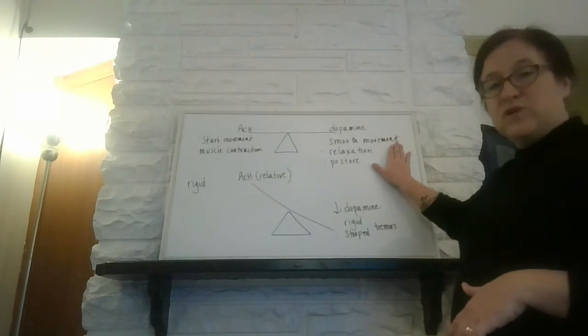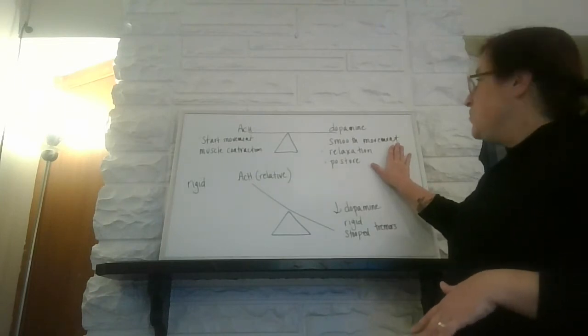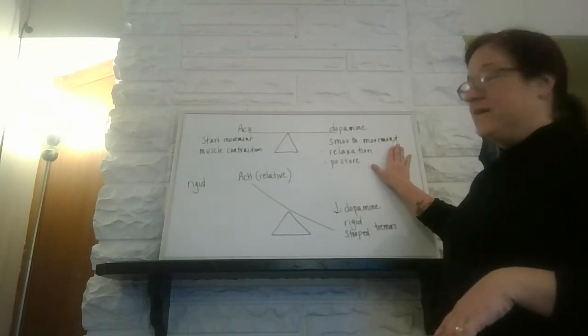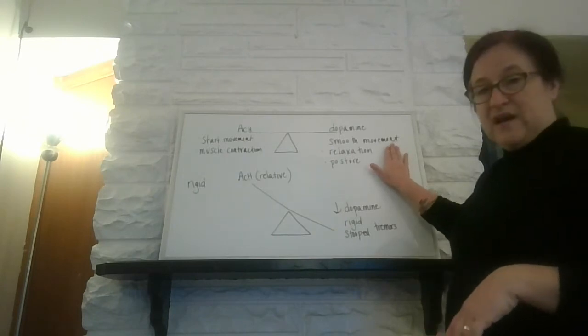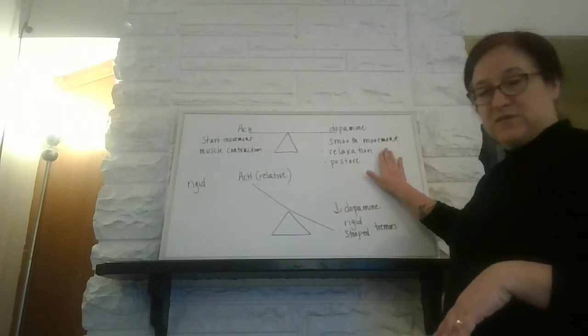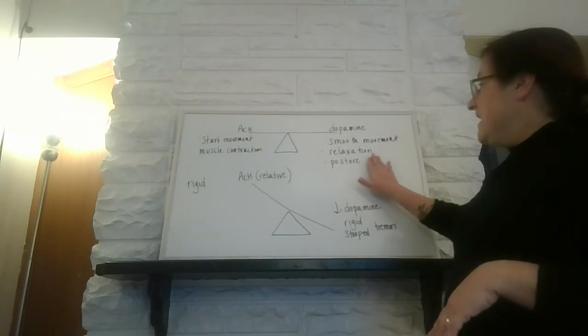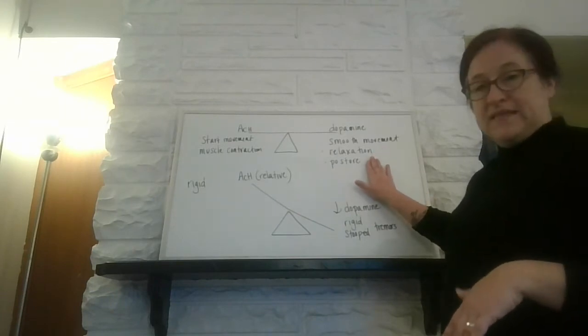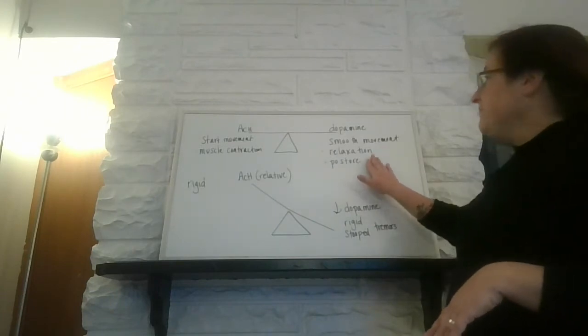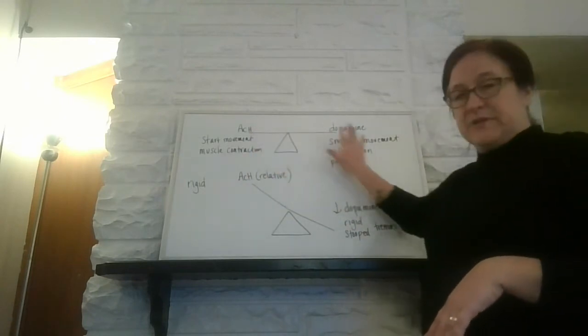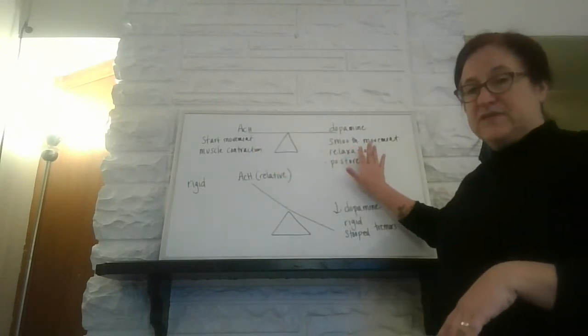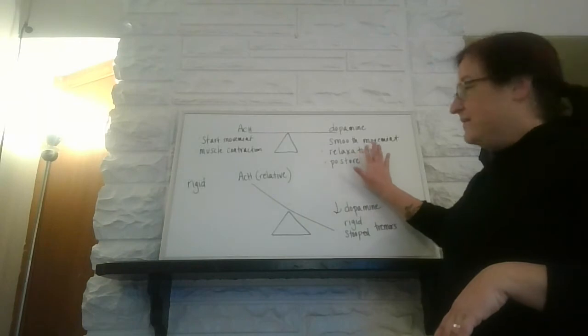This sort of runs interference in the background. That's dopamine, which is produced by the basal ganglia to smooth movement out, to help relax movement when the contraction is over, as well as to help maintain posture. So we want a balance between these two neurotransmitters released in the brain.